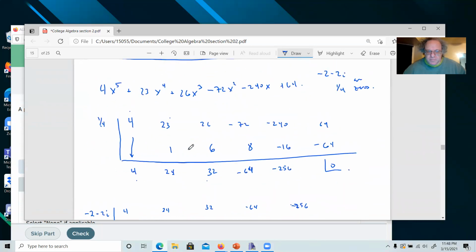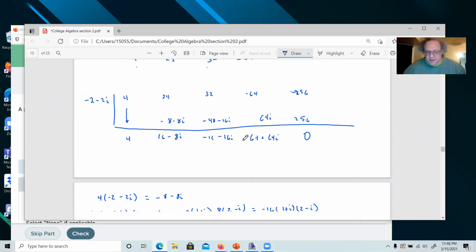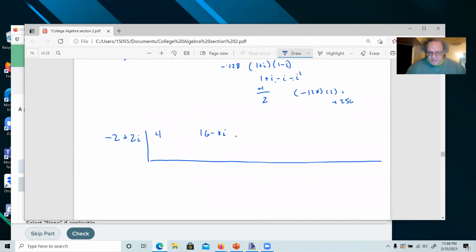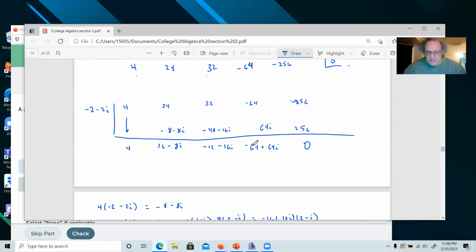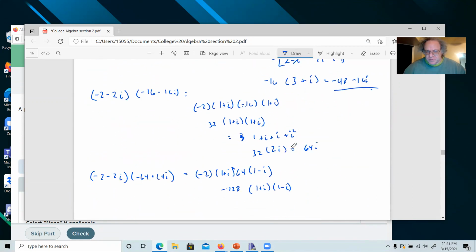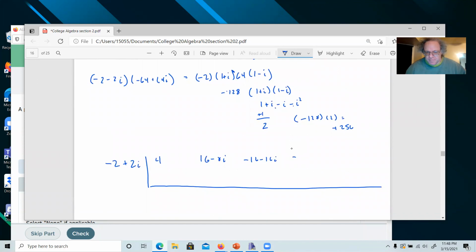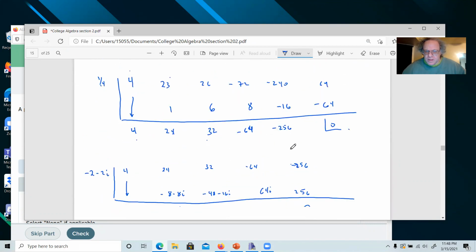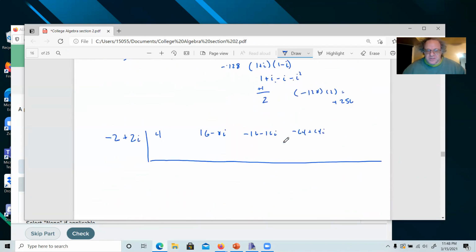Next one up is -16 minus 16i. And then we have -64 plus 64i. And we're ready to go. So this is 4x cubed, 16 minus 8i x squared, -16 minus 16i x, minus 64 plus 64i as our constant.